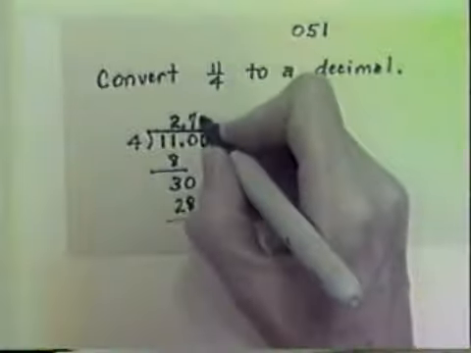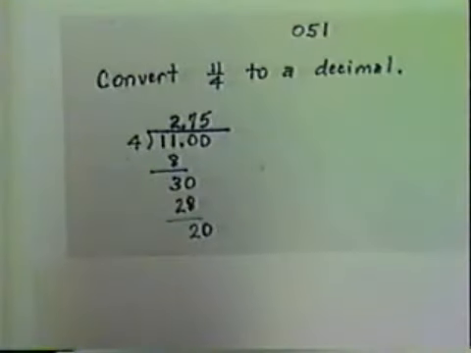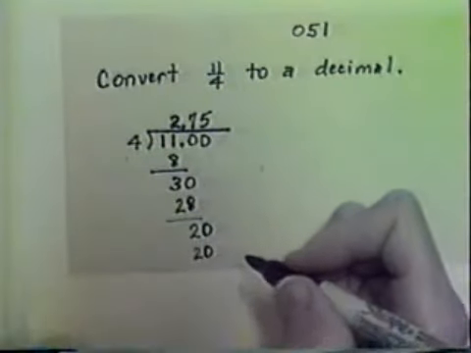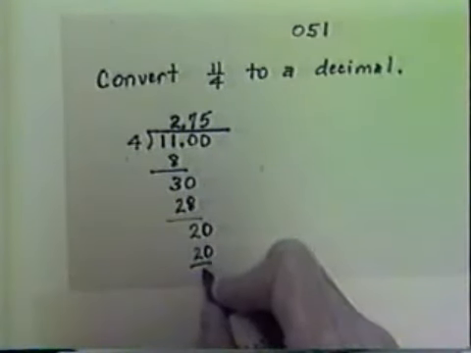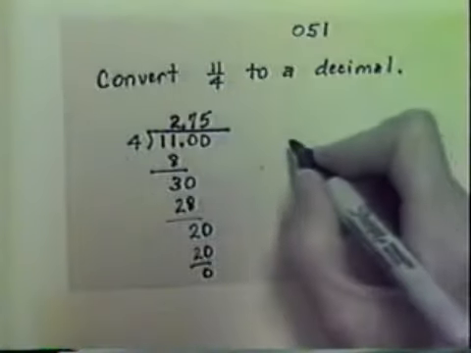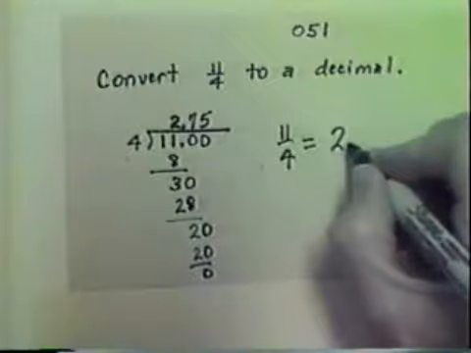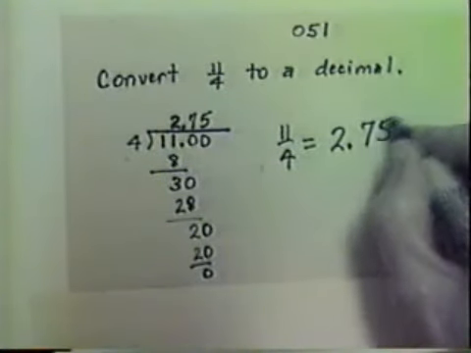Divide 4 into 20, and we get 5. 5 times 4 is 20. The remainder is 0. And so our answer is that 11/4 is the same as 2 and 75 hundredths.